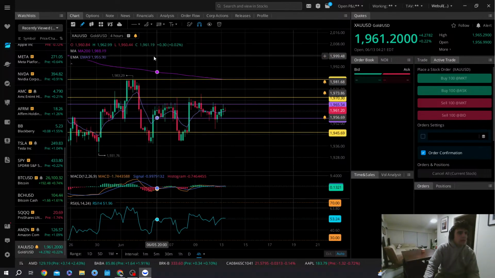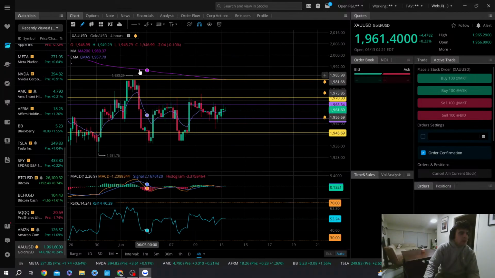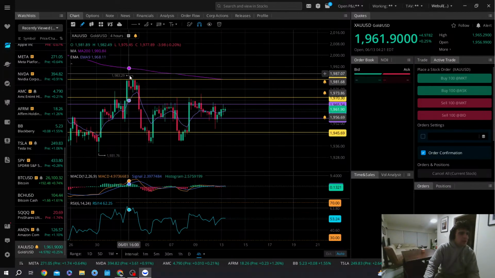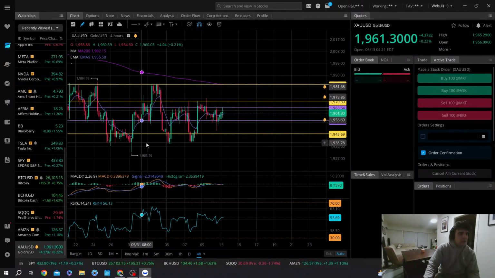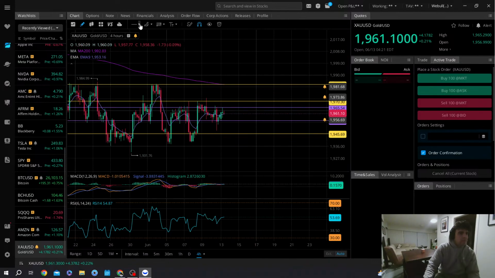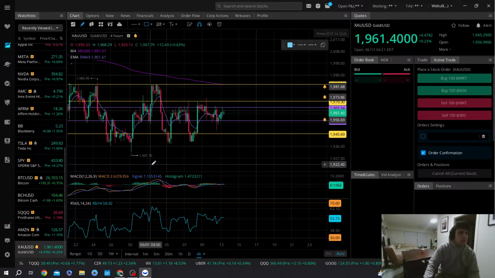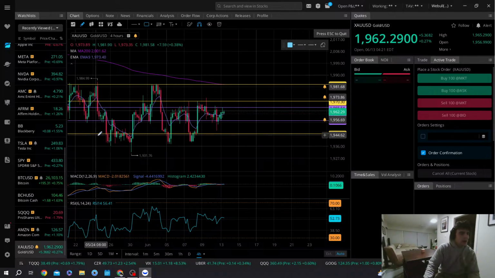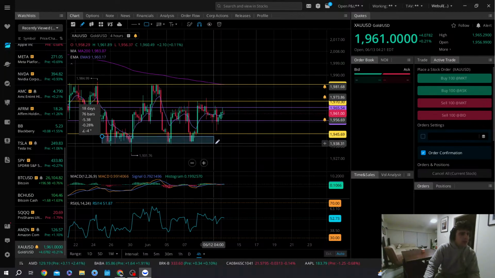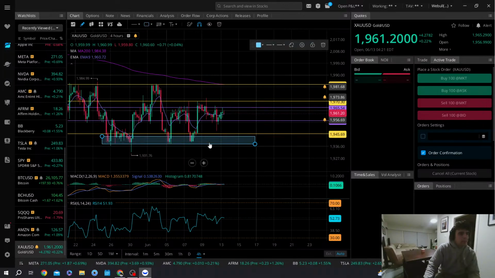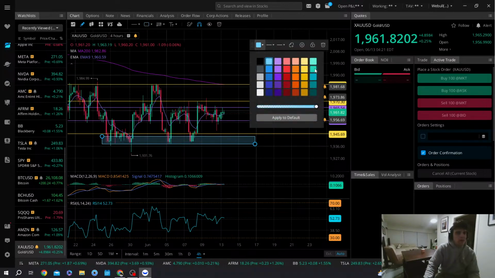So now we've flicked down from the daily to the 4 hourly. We can see how these ranges really play out and what we're looking at. To highlight a support range, I use a green rectangle.